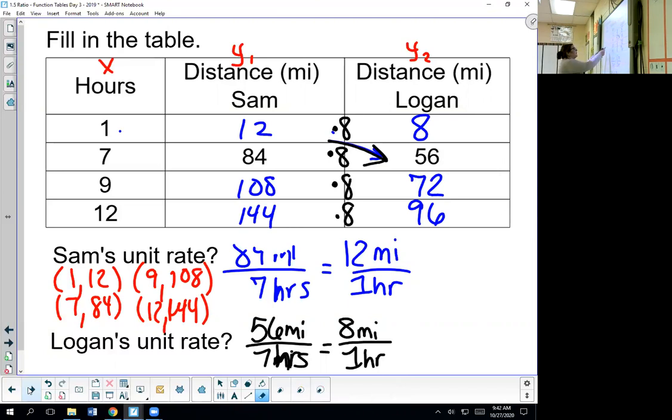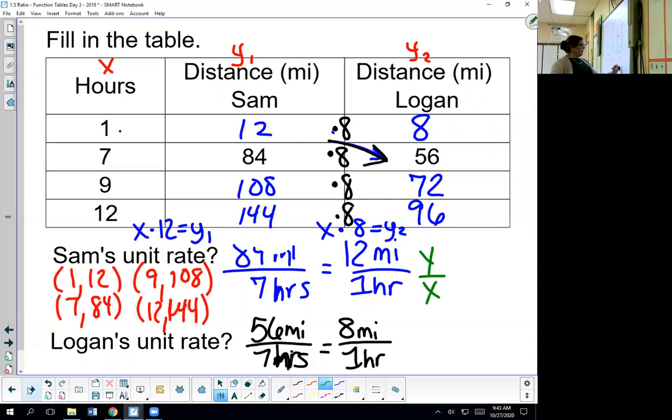It's basically figuring out the relationship between X times 12 equals Y1, and then over here X times 8 equals Y2. I just found 2 different equations for the 2 different people. They're moving at different rates. One's going a little faster than the other. And if you notice, this is my Y over my X. You look back real quick.